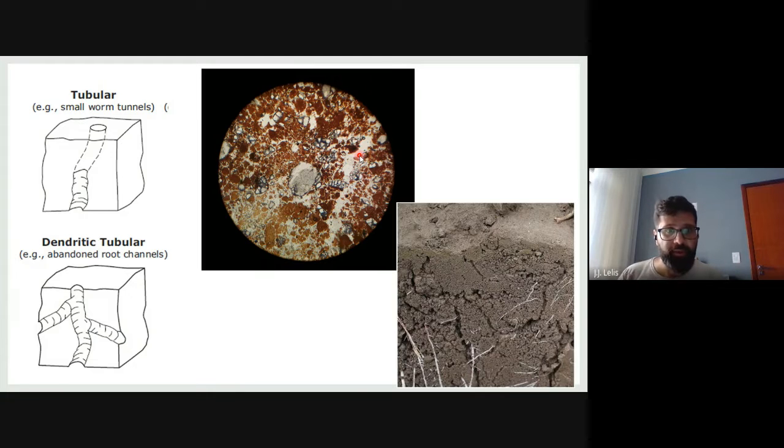It helps us understand how deep the organisms act in that soil, how deep they mix the soil.